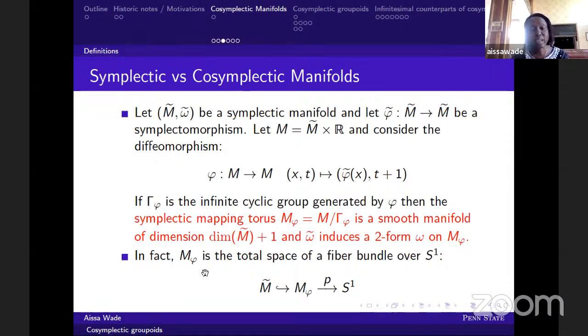In fact, my M sub phi is just a fiber bundle over the sphere. So we have this notation here.